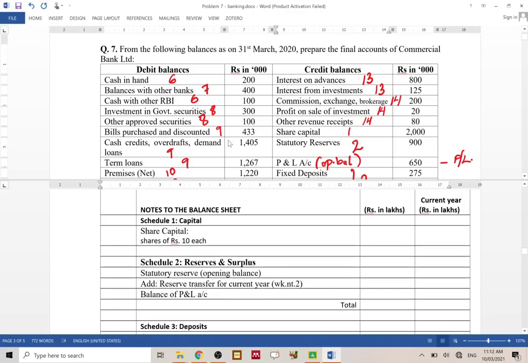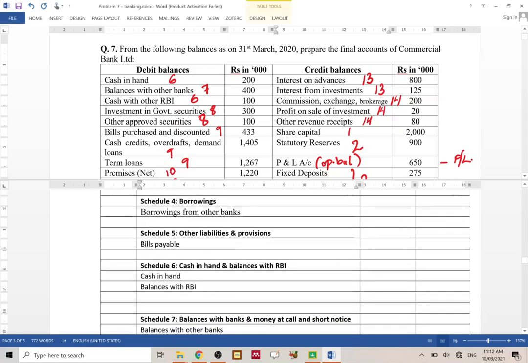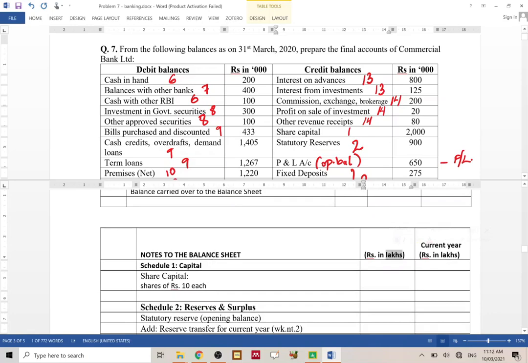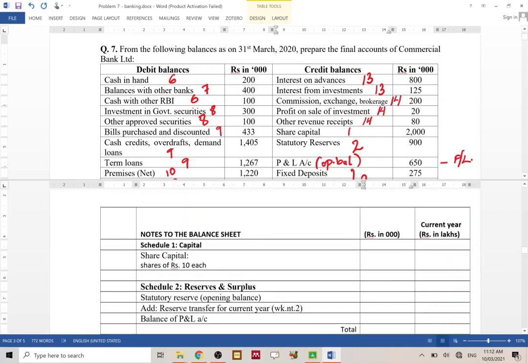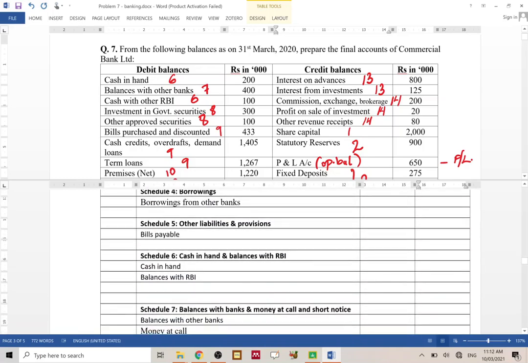First we have cash in hand, schedule 6. We go to schedule 6 and write 200. These amounts this time are in thousands. I will use this as the inner column like I said. So cash in hand amount is 200.